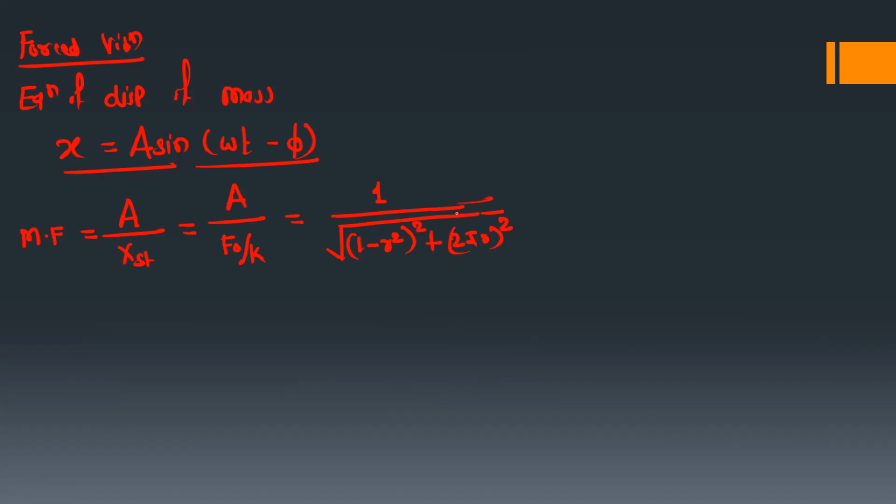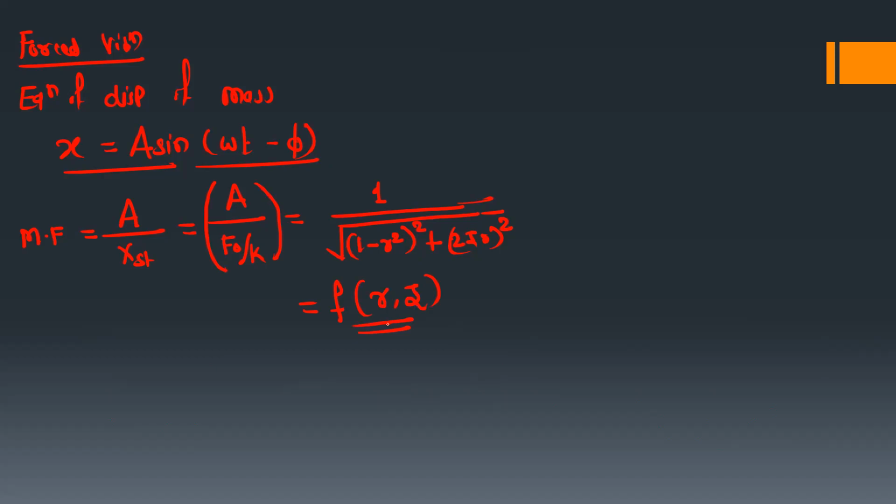Okay. So why is this amplitude written in this format, as a ratio of A upon F0 by K? Because if you observe the right hand side, it is only a function of the frequency ratio R and the zeta value. Okay.